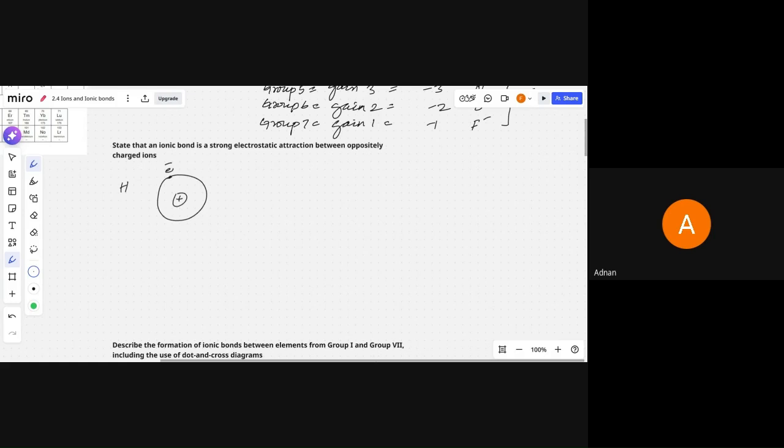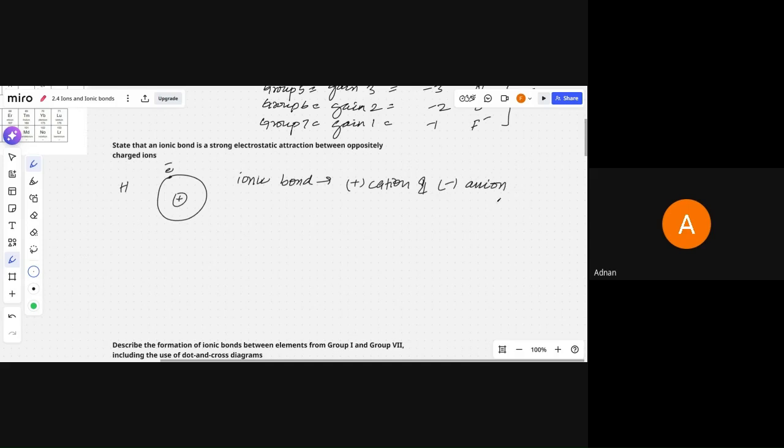So when atoms lose electrons, they get a positive charge, and ionic bonds form between a cation and an anion, right? An ionic bond is a bond formed between a positively charged cation and a negatively charged anion.